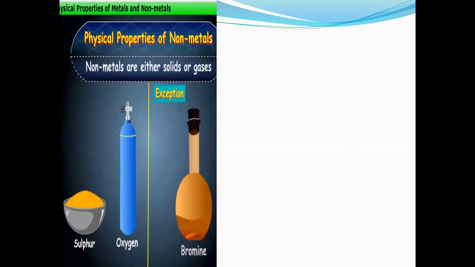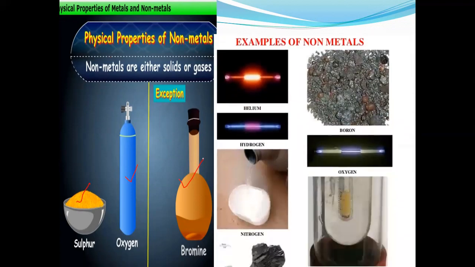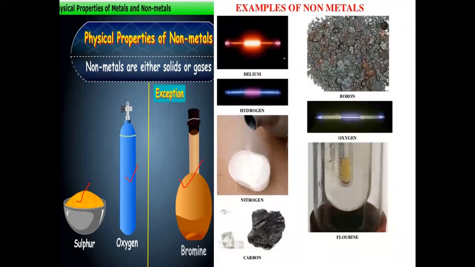If we see the physical properties of metals and non-metals, here we are going to see non-metals. They can be solid, and this is an oxygen cylinder, so gas is present in the cylinder, and bromine can be present in liquid form. There are some other examples of non-metals.